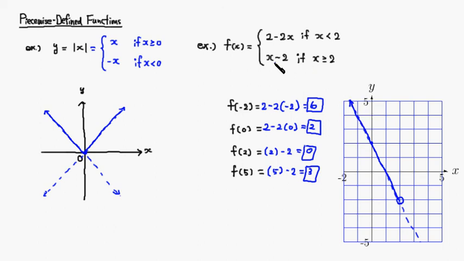Then the second piece is x minus 2. The slope is 1 and the y-intercept is negative 2. So you go down to negative 2 right here, and the slope is 1, so as you go to the right 1 unit, you go up 1 unit. You can see this is going to be the graph, like this.